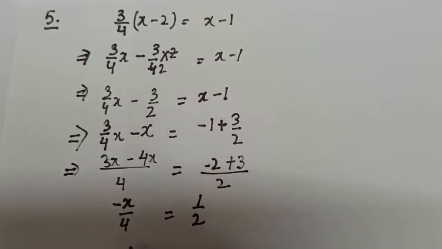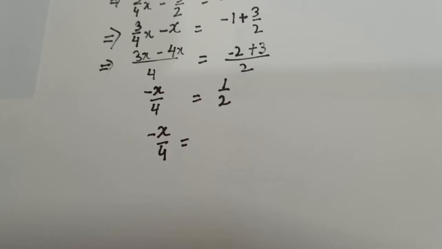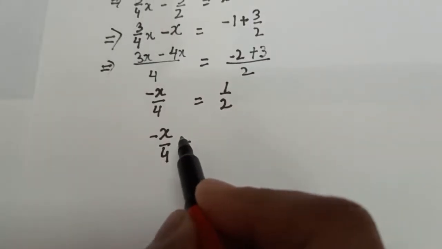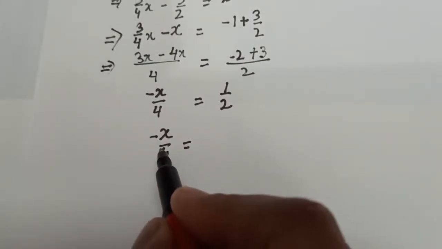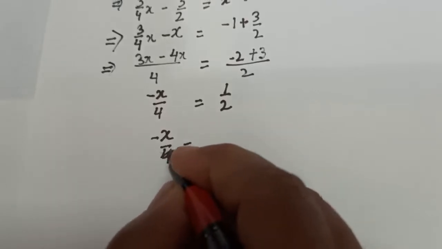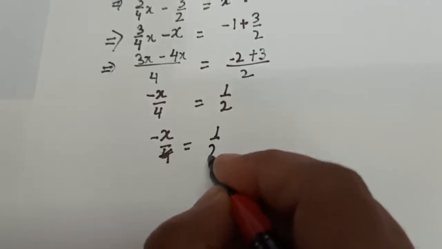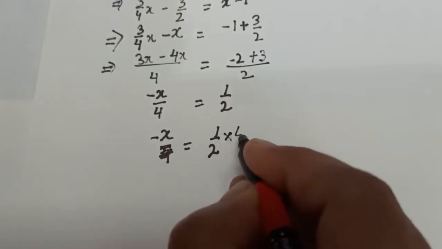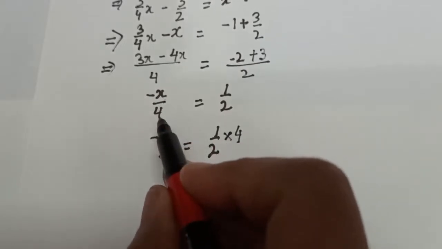Alright, so now x is divided by 4. When we shift it to the other side, it will multiply on the other side. So here we can write it as x is equal to 1 upon 2, and this 4 we will shift to the other side as into 4, because it was x upon 4 here.